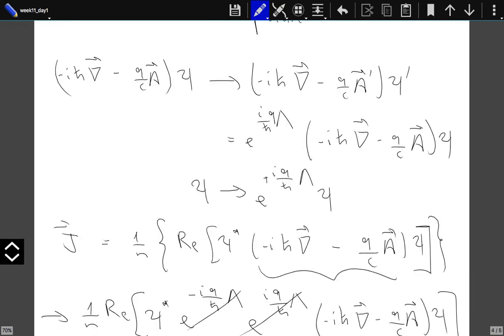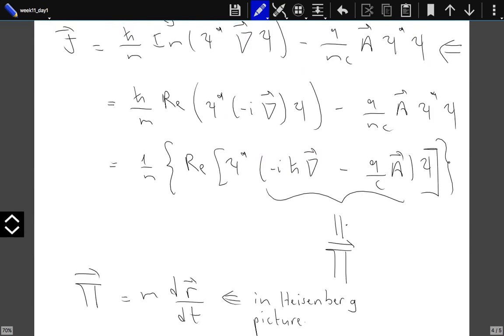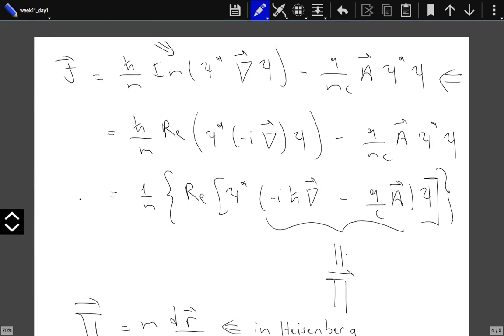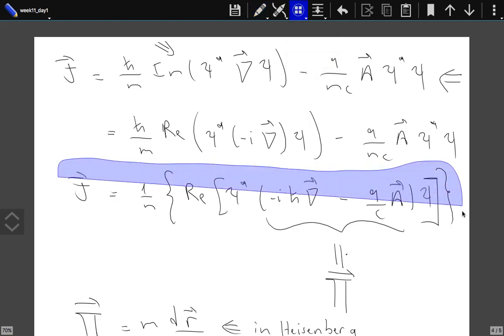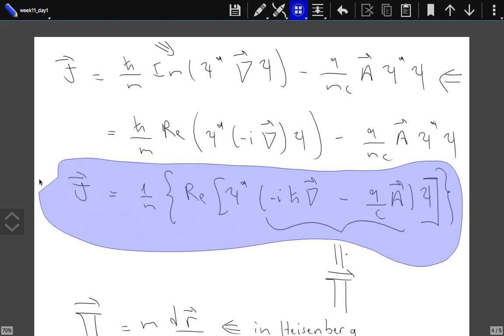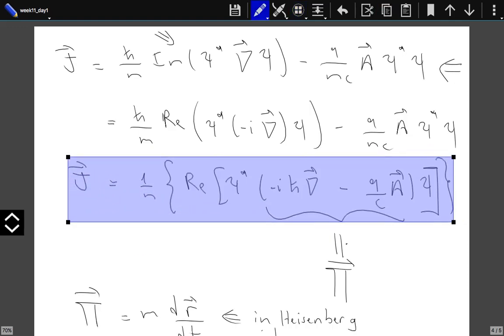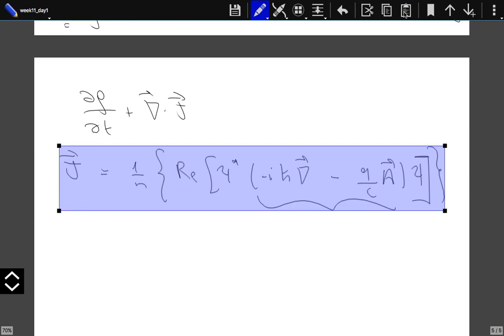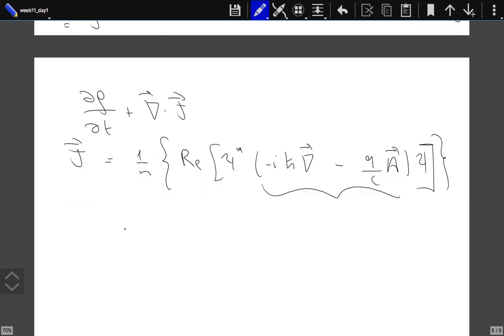Now, if you look at the definition, let's just integrate this J over all space.